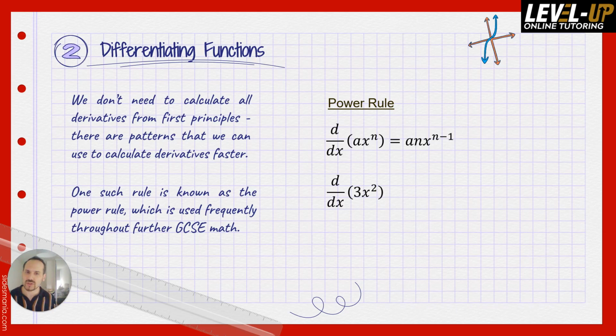So let's apply that to the example we just saw. We do the derivative of 3x squared. We're going to multiply by that power, so you get 3 times 2, and then x to the power of 1 less than that power of 2, so it becomes x to the power 1. If you work that out, it's essentially 6x. 3 times 2 is 6, and x to the power 1 is just x, isn't it?